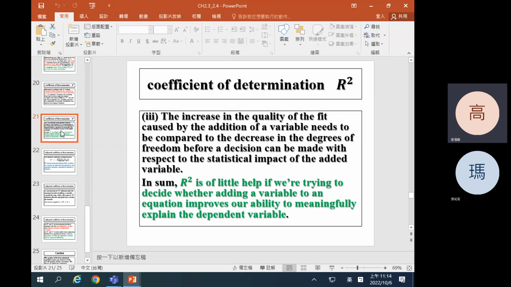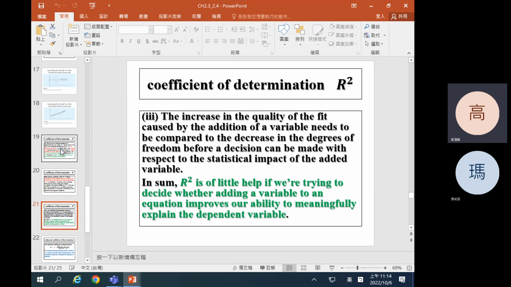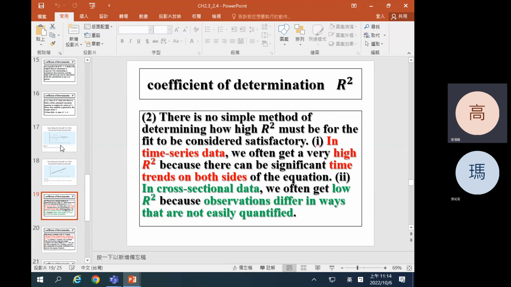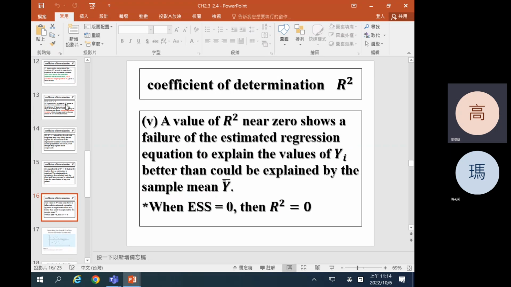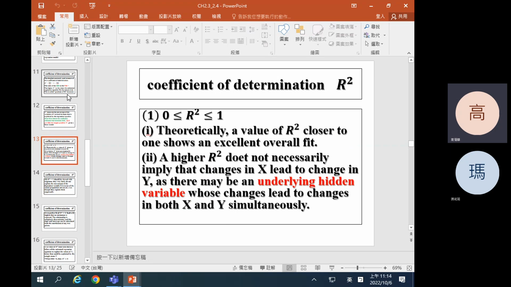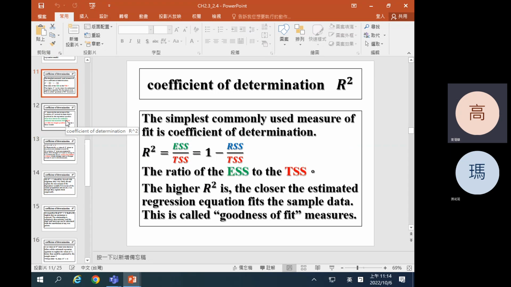You all remember that we explained all this R squared? You all remember that? So let me just review what we have learned for the coefficient of determination, which is R squared.